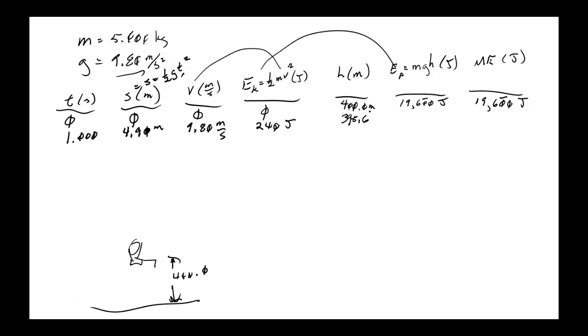So now the difference of that is 395.6 meters. So now that you know the height, you can calculate the new potential energy. A little bit less than it was before because it's fallen 4.9 meters. So that will be mass, 5, g, 9.8, height, 395.6.